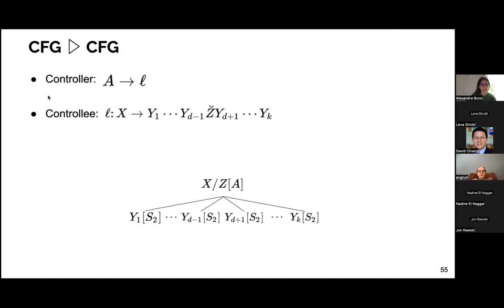The next case is when the controller has again a rule that rewrites A as L, and the controllee has a rule labeled with L, and on the left-hand side it has a symbol X, and on the right-hand side has the symbols Y1 to YD minus 1, then Z, which is a distinguished symbol, and then YD plus 1 until YK.